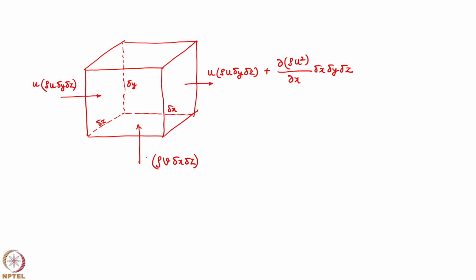That is the x velocity u. So this is where people get confused. This is the mass flow rate in the y direction, but here I am trying to bookkeep the conservation of momentum in the x direction. So that means the x momentum is carried by virtue of velocity u for the flow rate of rho v delta x delta z.